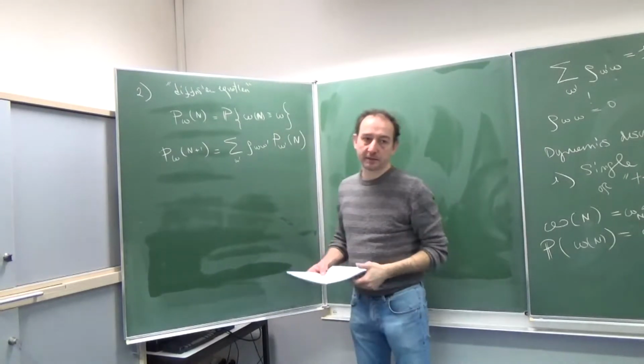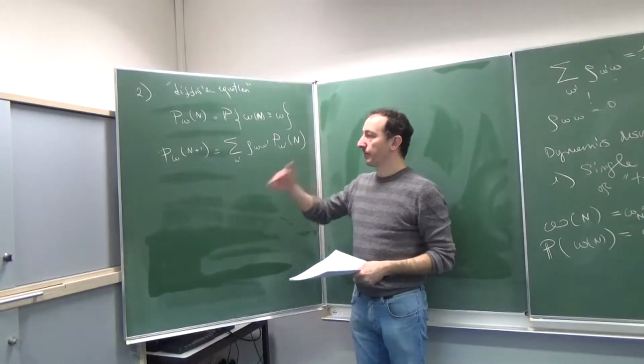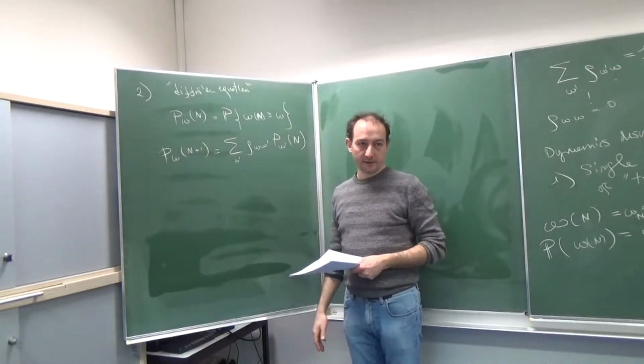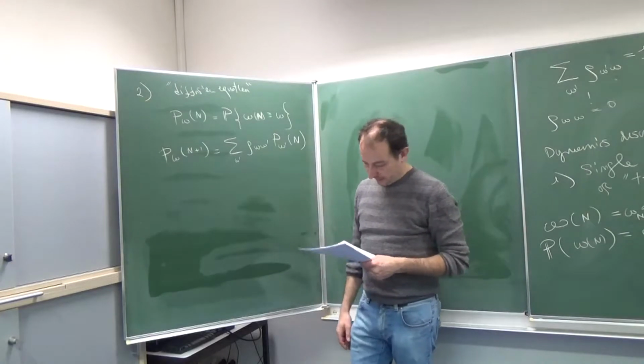Okay, so we describe the process by the probability of being at some particular state at a given time as an evolution equation.